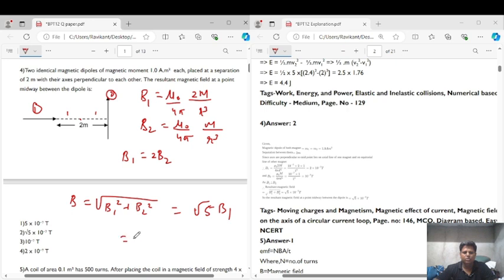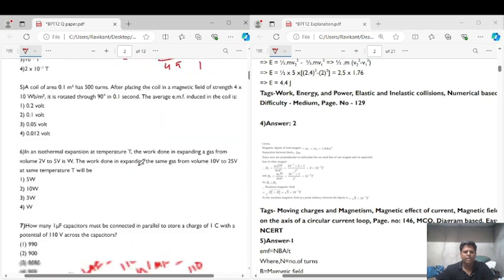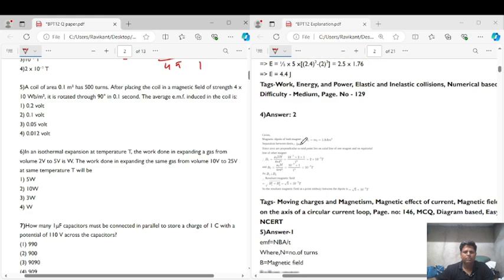So this is equal to under root 5 into mu naught upon 4 pi. M is equal to 1 and r is equal to again 1. So we'll get 5 into 10 to the power of minus 7 Tesla. So the correct answer for question number 4 is option 2, that is 5 into 10 to the power of minus 7 Tesla.